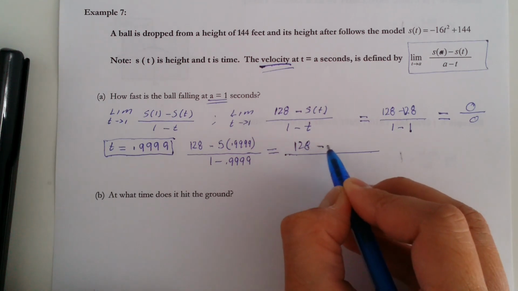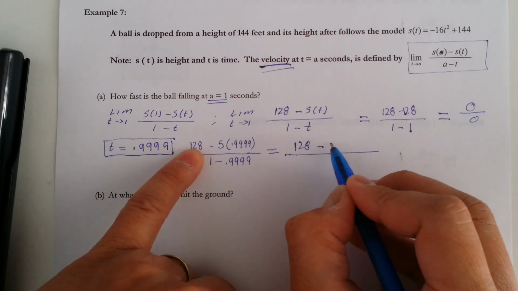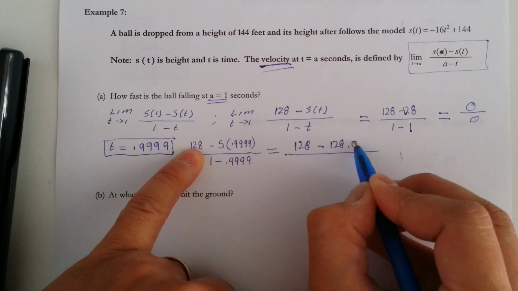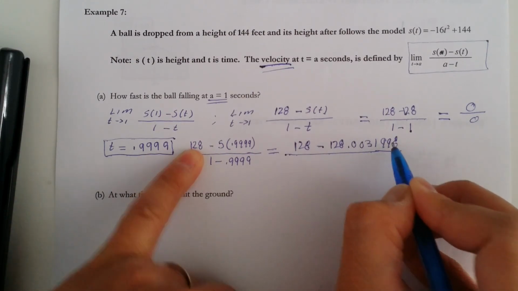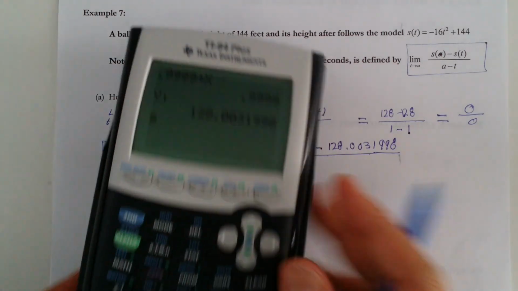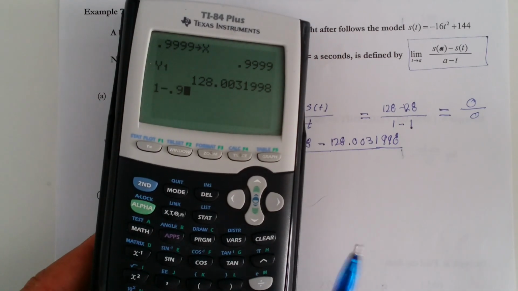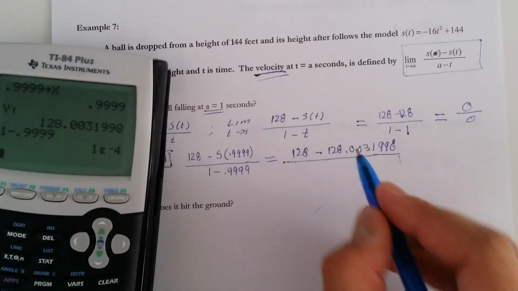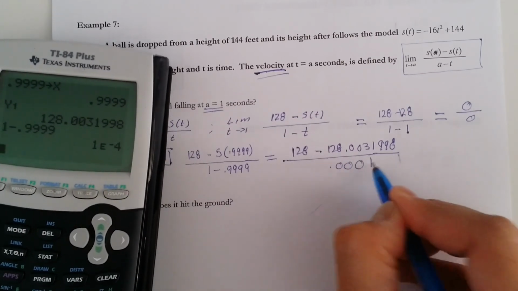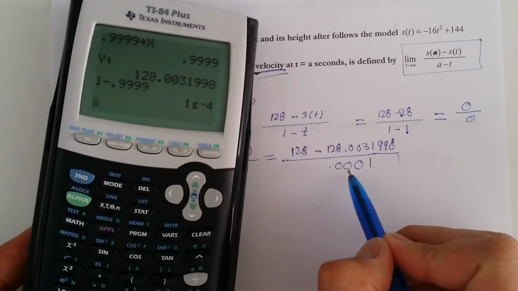So 128 minus 128.0031998, and then you subtract the bottom, 1 minus 0.9999, which leaves us with 0.0001. Take the difference and then divide.